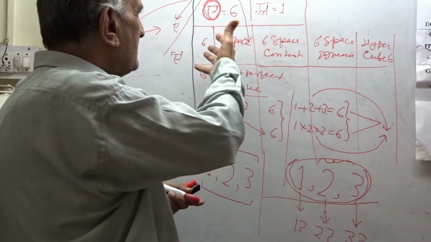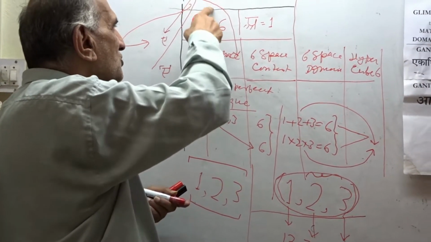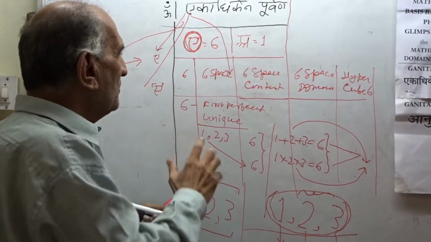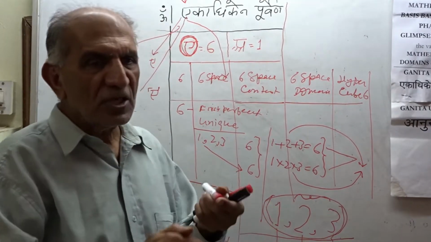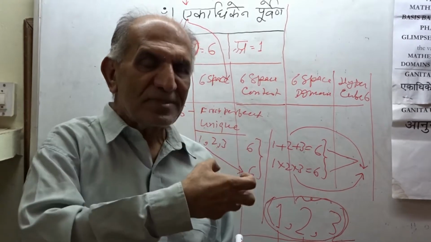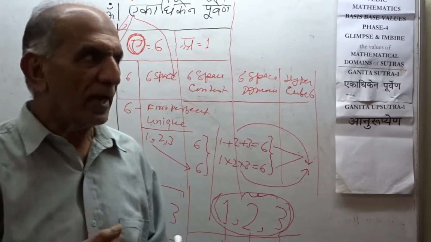And this uniqueness of value 6, this uniqueness as a structural key, and this uniqueness as a 6-space domain, all these features must be attended to. One shall be face to face with them when we have to glimpse and imbibe the mathematical domain of Ganita Sutra 1.